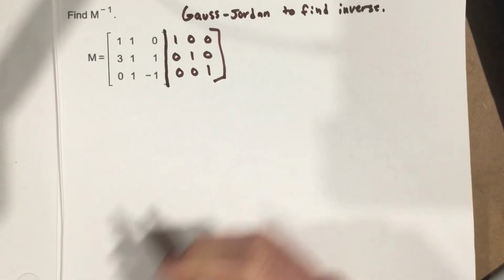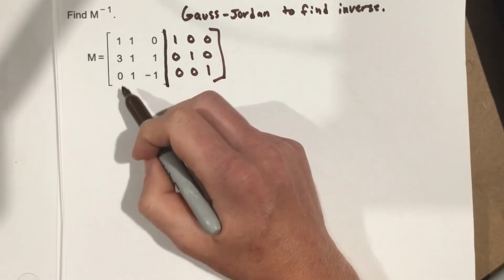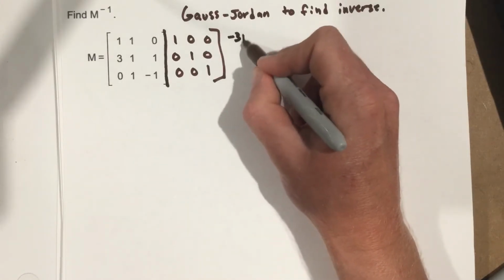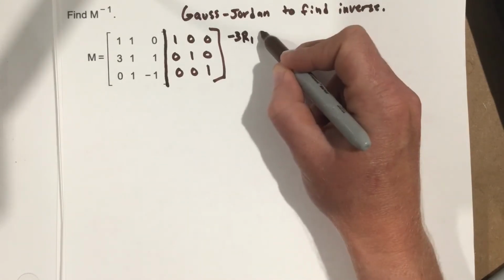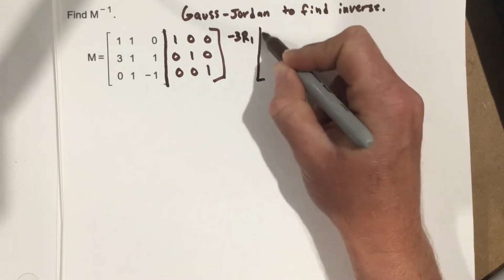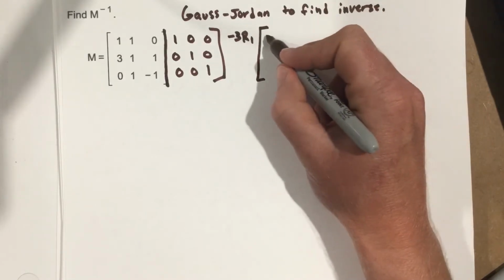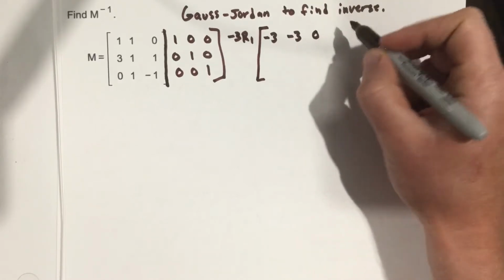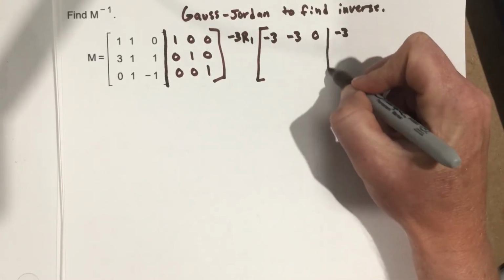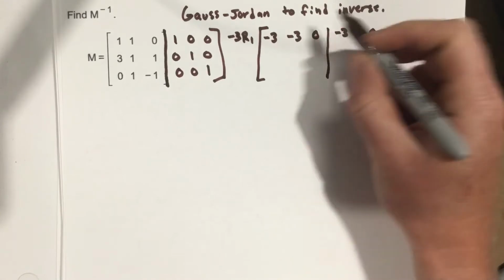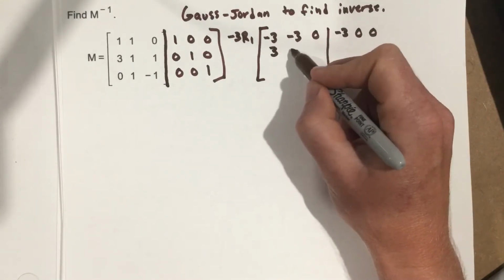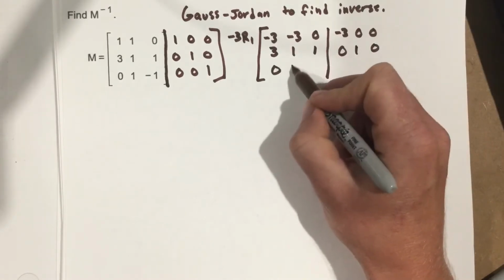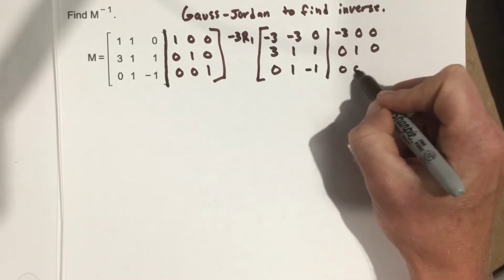All right, here we go. Let's try to be efficient in this problem too. So I'm going to multiply the top by -3 times row 1. And when we do -3 times row 1, we're going to get -3, -3, 0, -3, 0, 0. We still have 3, 1, 1, 0, 1, 0, 0, 1, -1, 0, 0, 1.